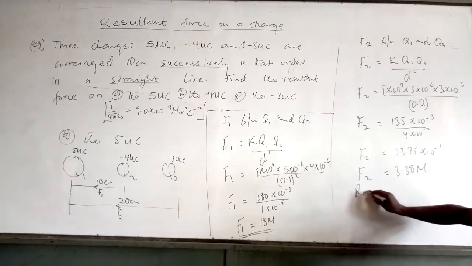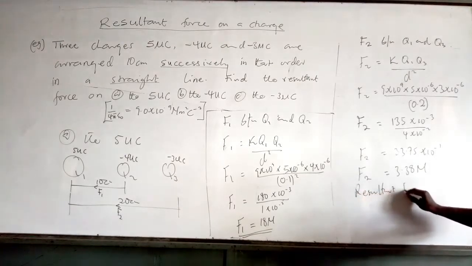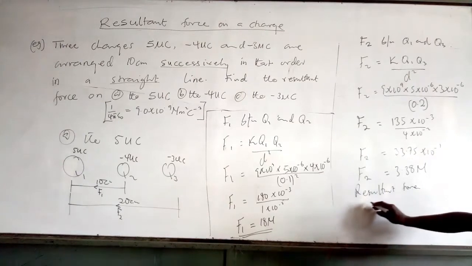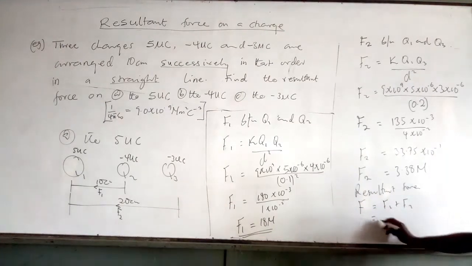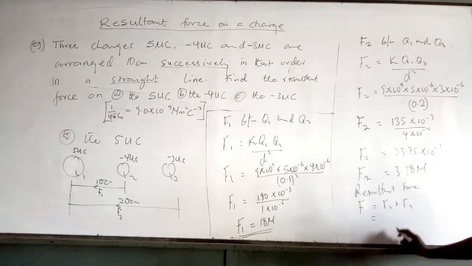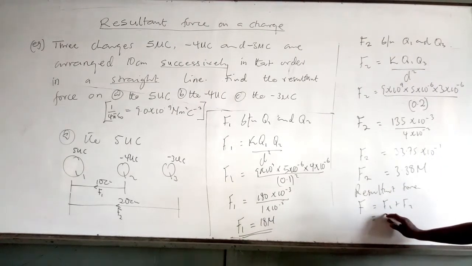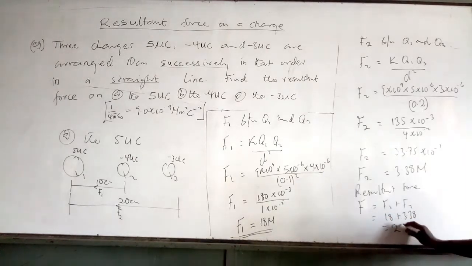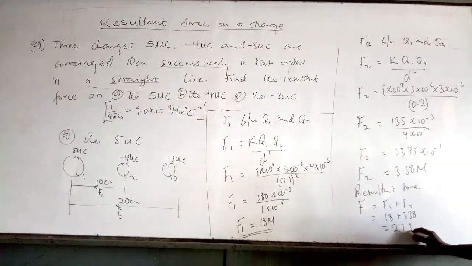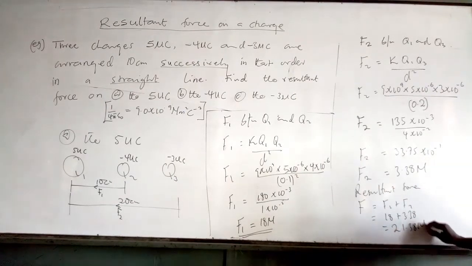So the resultant force F is going to give me F1 plus F2, and that is equal to 18 plus 3.38, and that will give me 21.38 newtons.